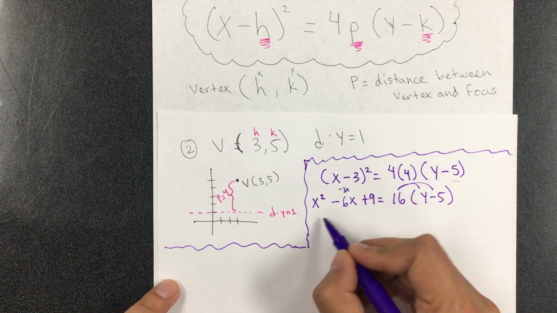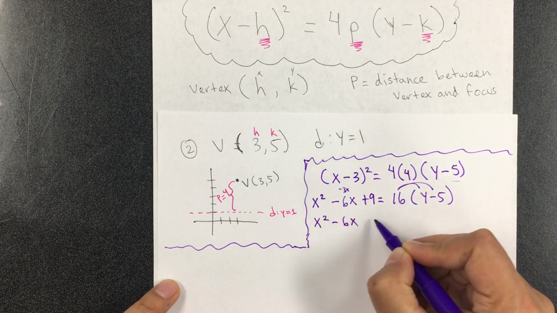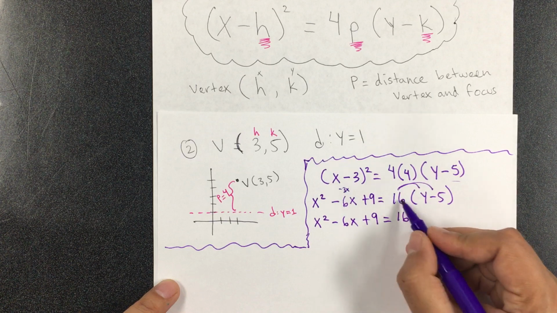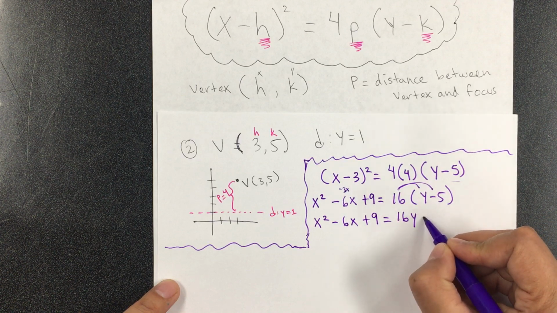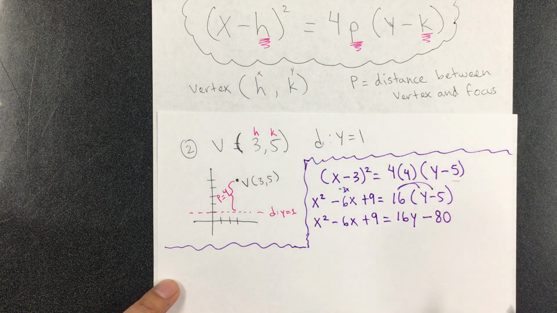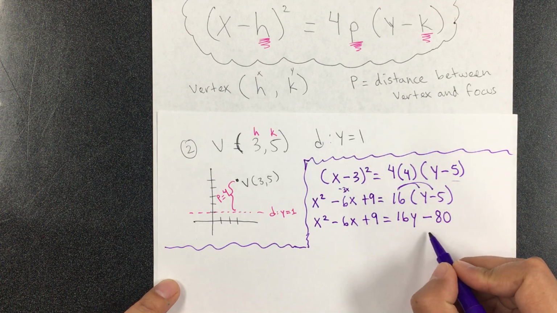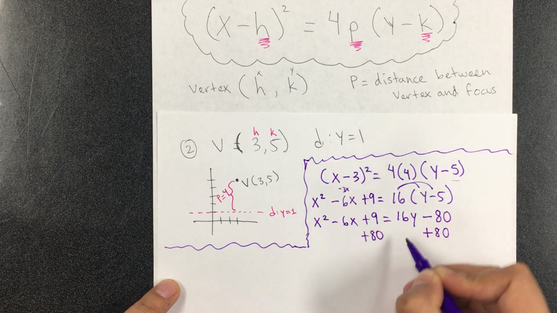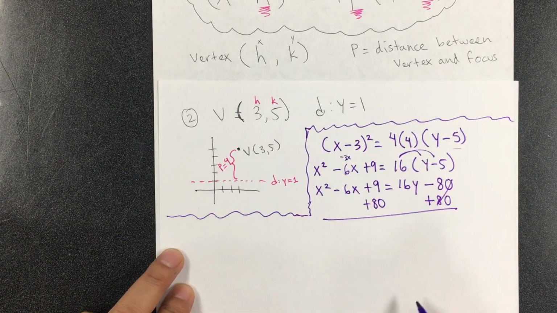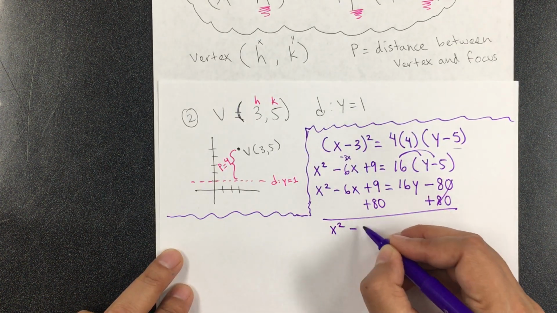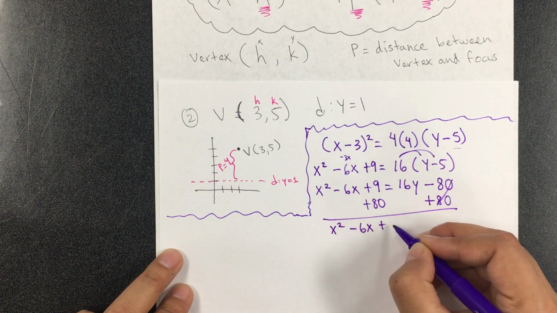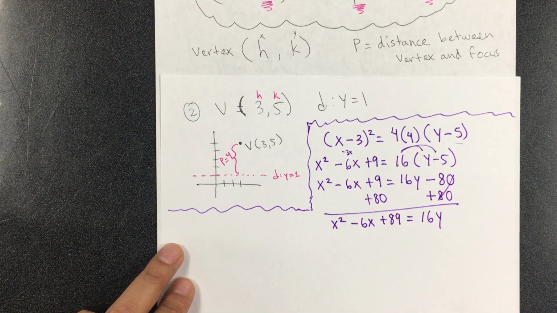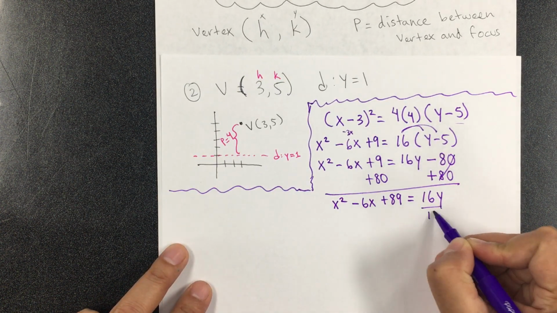Distributive property, I keep this the same. 16 times y is 16y. 16 times negative 5 is negative 80. If I'm subtracting, the opposite is to add 80 to both sides. And so I get x squared minus 6x plus 89 equals 16y. The last step is to divide by 16.